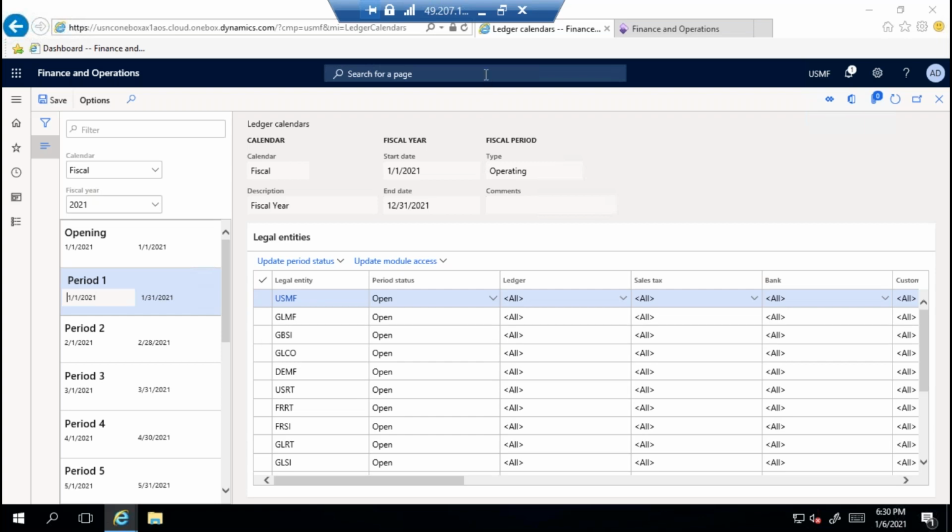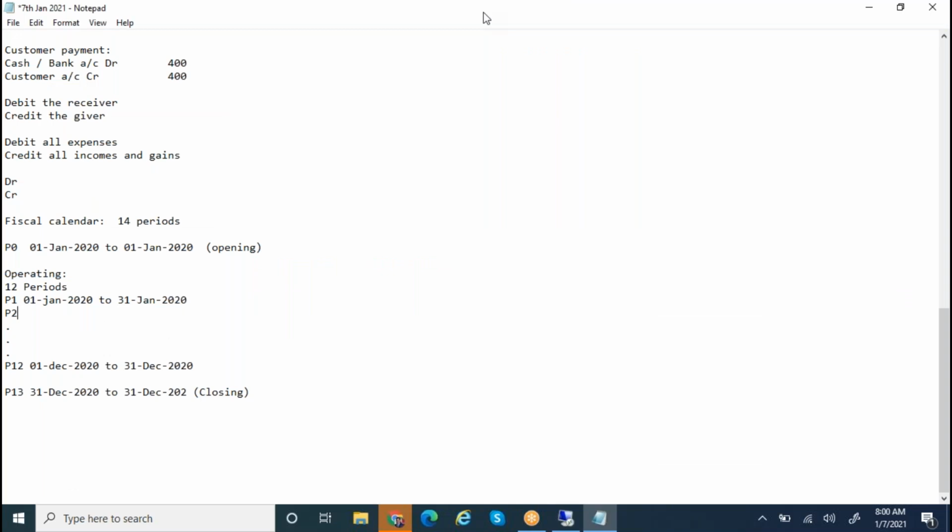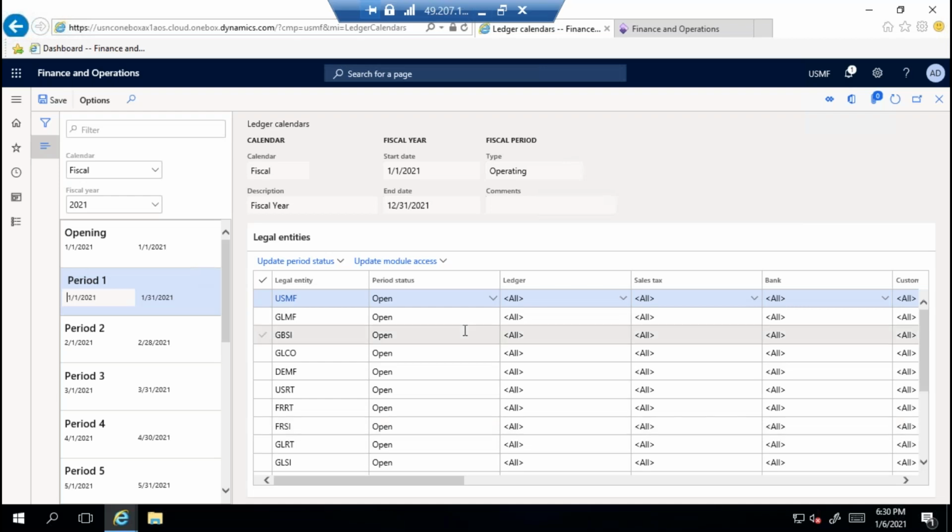Likewise, as we are comparing with SAP, in SAP we have an option to open only the first month of the year, like January. After that, January will automatically be closed, and once we enter February, February will be open and the previous month is closed.